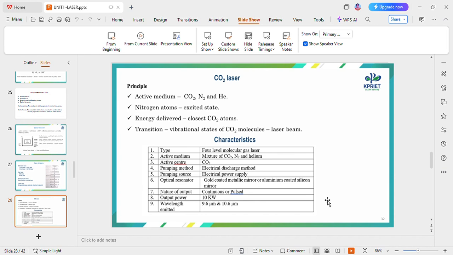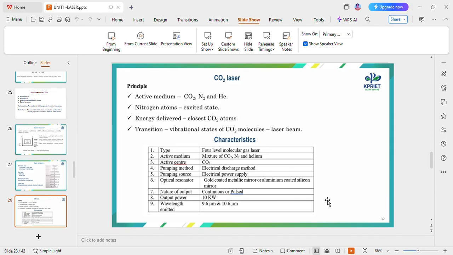In the transitions, the atoms get excited and move to vibrational energy levels. So in the carbon dioxide laser, we are talking about the vibrational energy states of the molecules. In between those vibrational states, the carbon dioxide molecules move and we get a laser beam. So these are all the characteristics of the carbon dioxide laser.